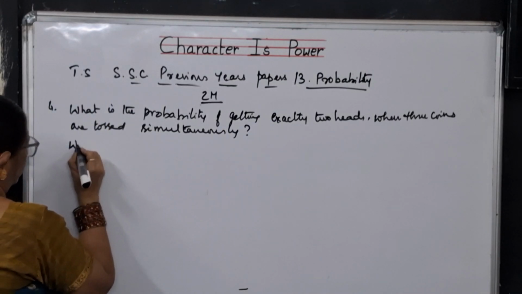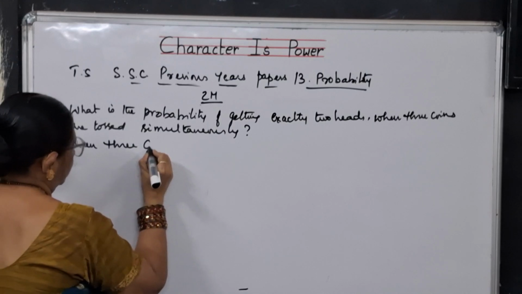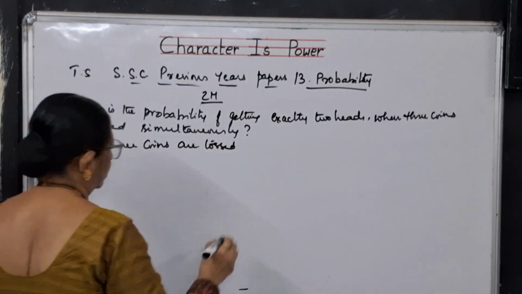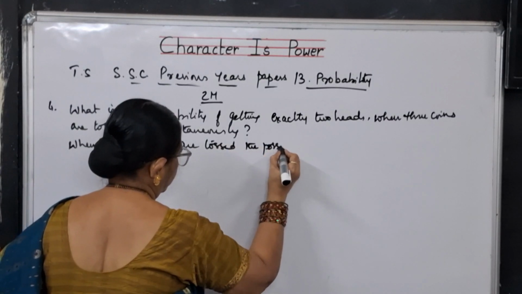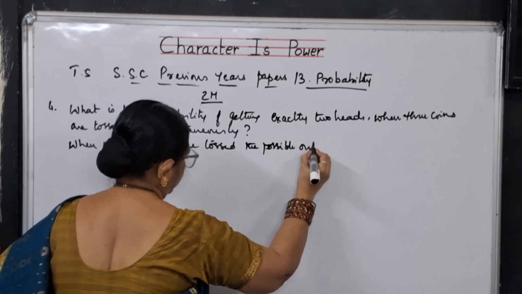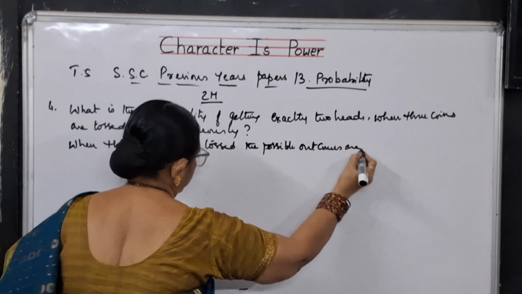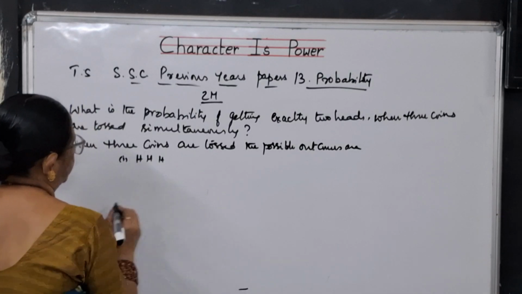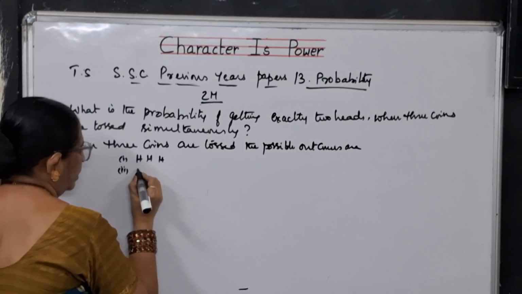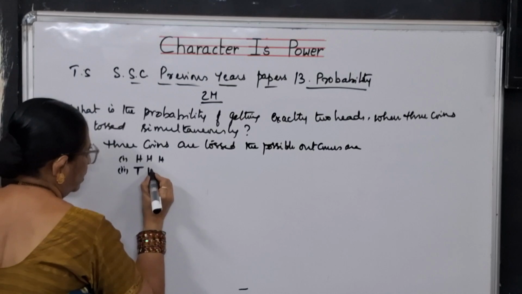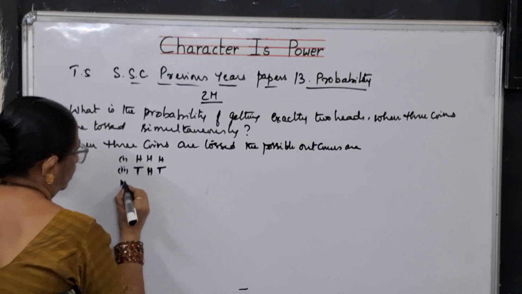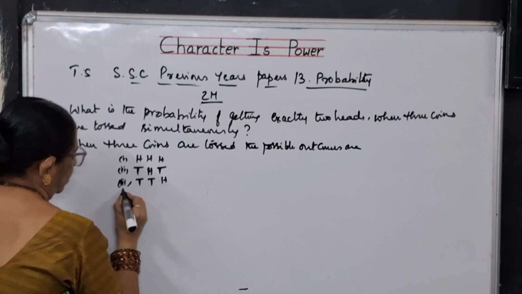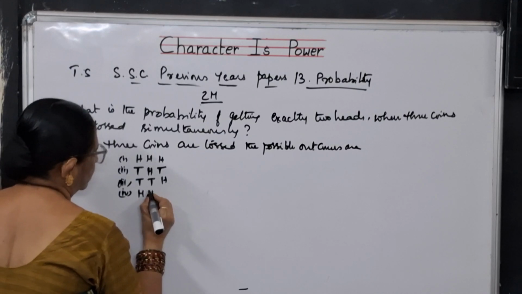So when 3 coins are tossed, the possible outcomes are, see, when you are talking about head, first one, all the 3 heads you will be getting, or you will be getting a head, a head, and a tail, or a head, a tail, and a head, or a head, a tail, a tail.